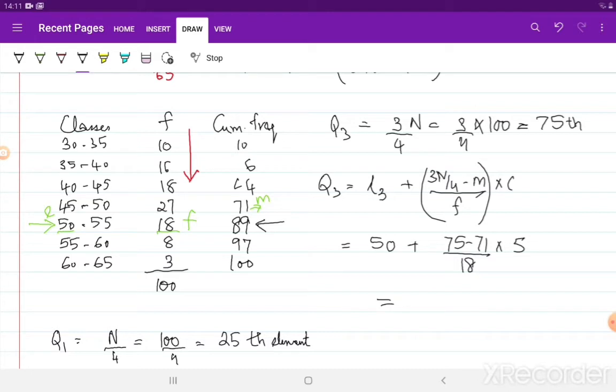So your Q3 value will be again 10 by 9, so 51.11, right?